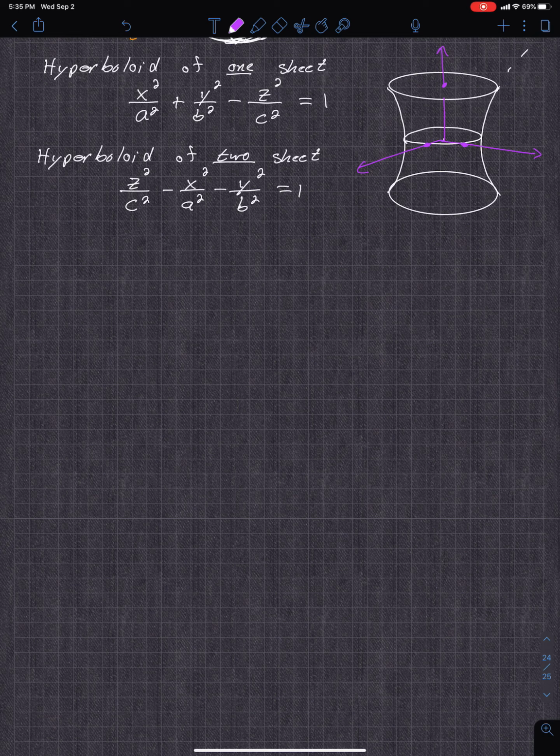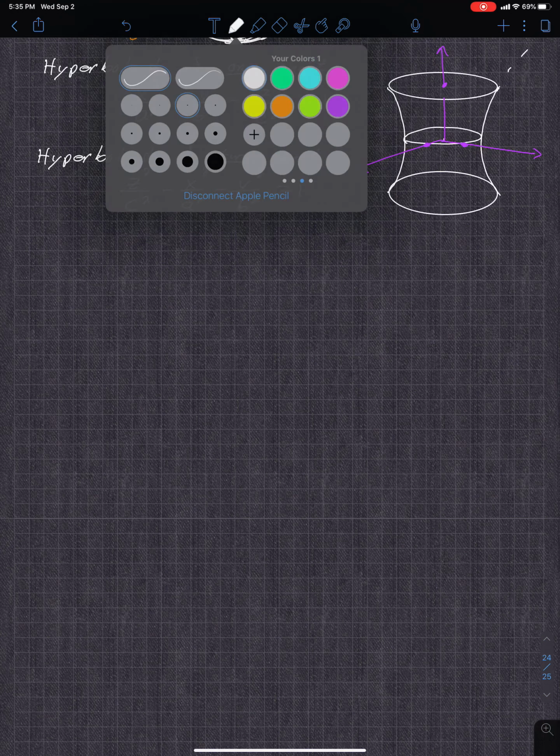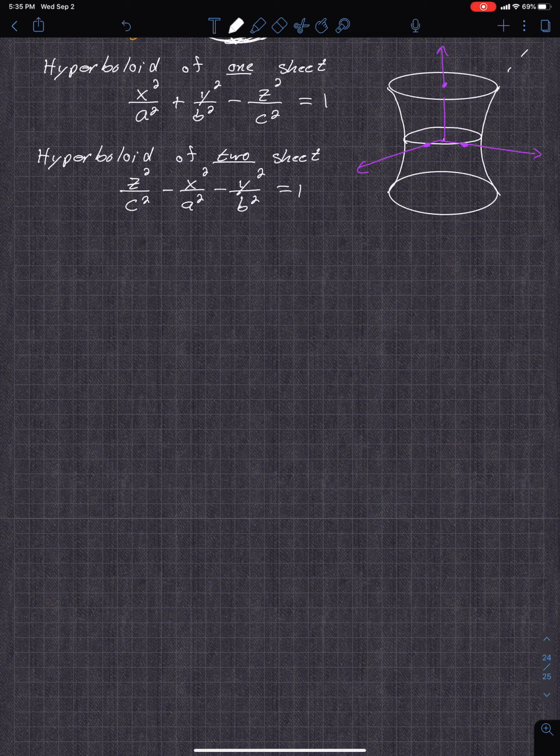Now, hyperboloid of two sheets basically looks like this. You have the same kind of top and bottom, but then, and I'll try to make this look nice, like that.